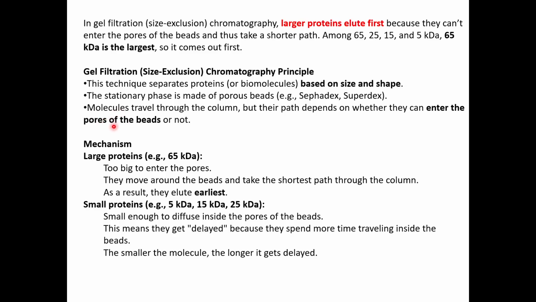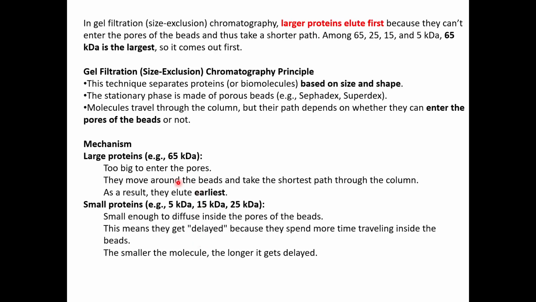If your protein size is bigger than the size of the pores in the beads, they will take a different path. They will take the shortest way, that is passing through the gaps and flow out. And if your protein is smaller than the pores, it will definitely enter into the pores of the beads and it will take a longer path through the beads from top to bottom.